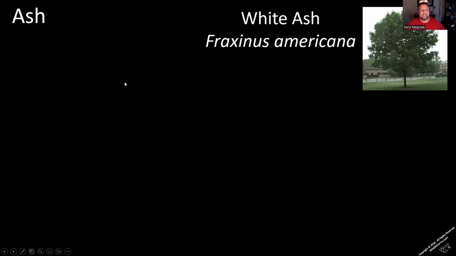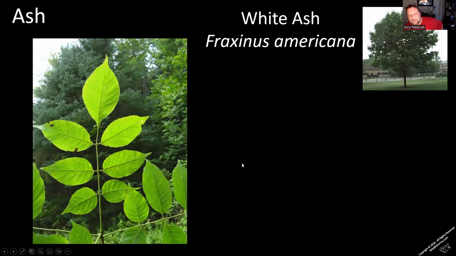But let's start with the ash tree. One of the more common trees that you might find out in the wild is this white ash, Fraxinus americana. Now, it has this compound leaf here, which you can begin to recognize. But there are going to be some other tree species that have a similar looking leaf.